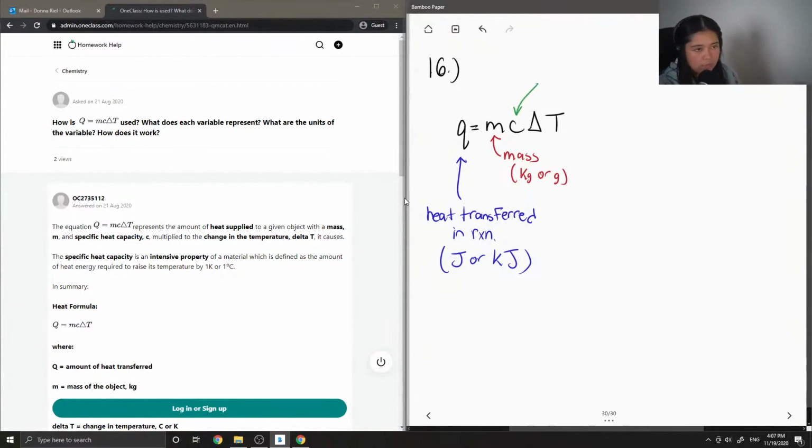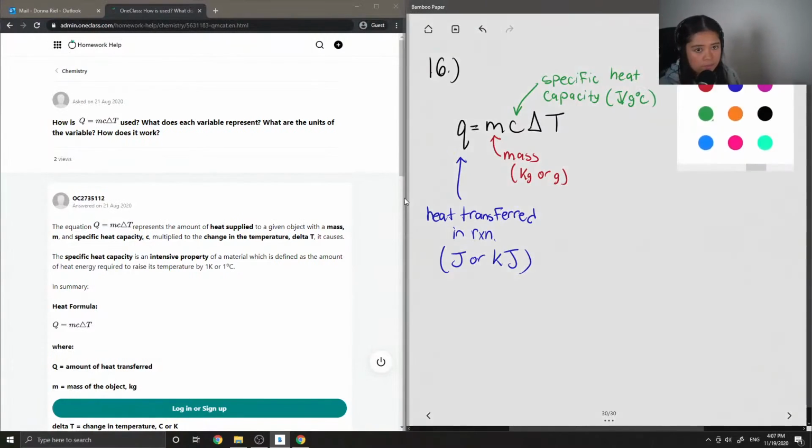C stands for the specific heat capacity, and its units are joules divided by grams times degrees Celsius. And finally, delta T represents the change in temperature.